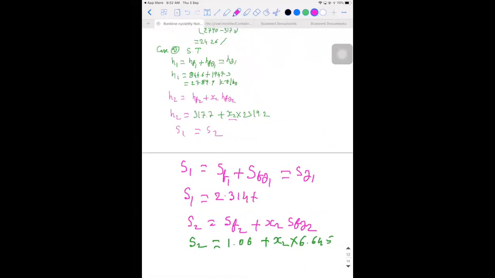What is that value? 4.127. Put together, what is the sum of this? Okay, 6.441. Very good. You can make it in public, sir.